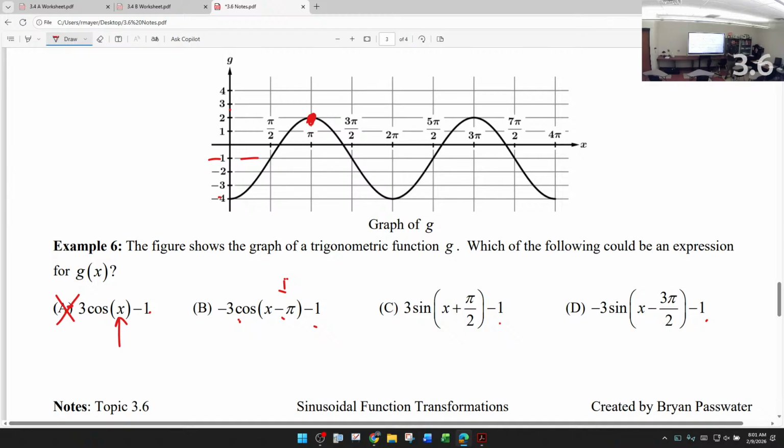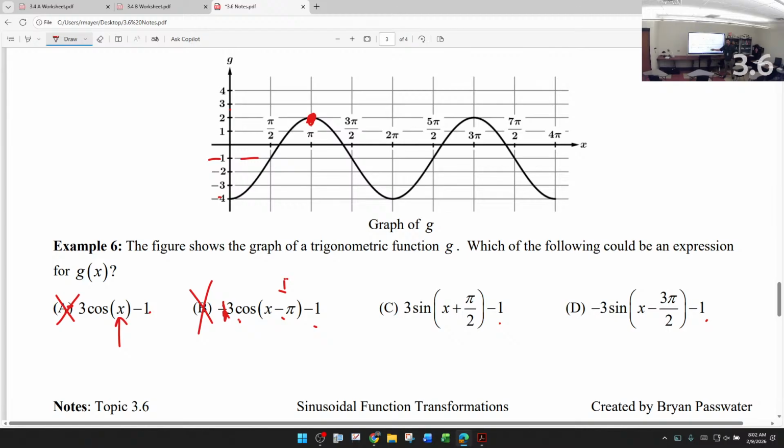However, that has a negative. And if that's a negative, that means we're not starting at the max, we're starting at the min. Opposite of what, starting the opposite spot. So if this was positive, this would be the right answer. But it's not.